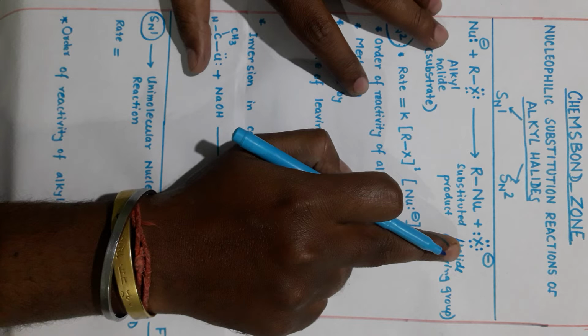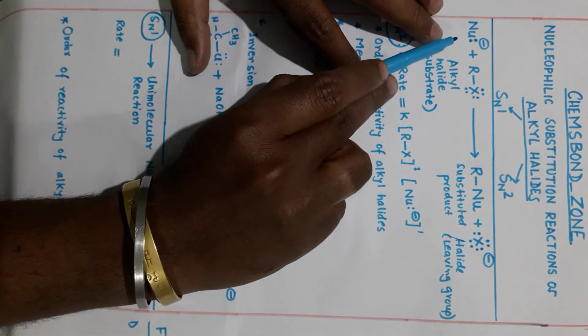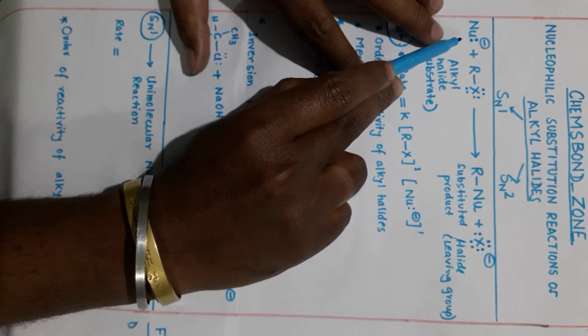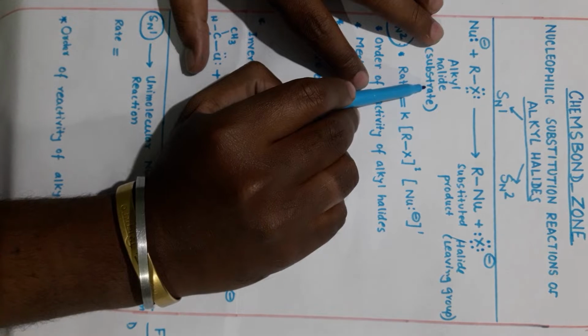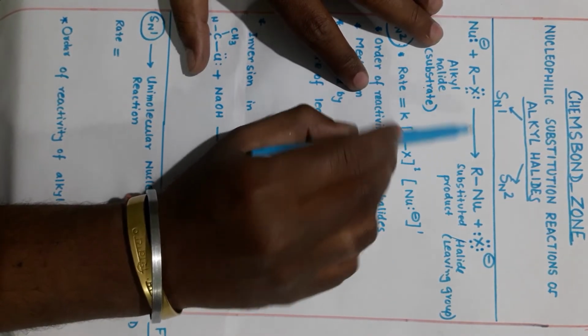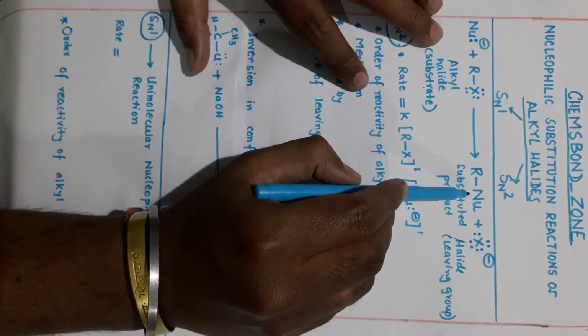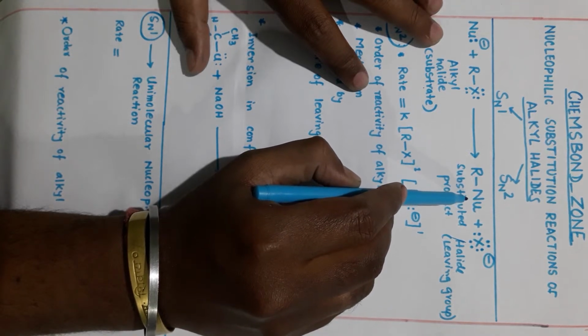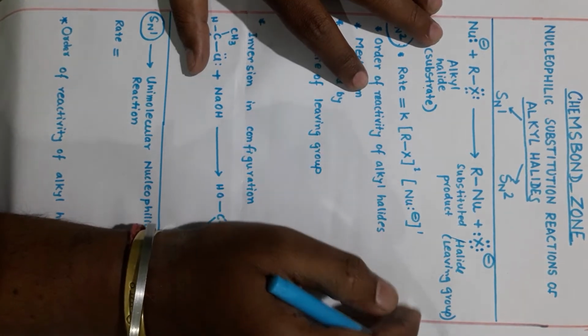Here in this type of reaction we can see that a nucleophile, which is an electron rich species, substitutes the halo group in the alkyl halide, that is the substrate, and the halo group leaves as the halide and the nucleophile gets substituted in the product. So this is the general nucleophilic substitution reaction.